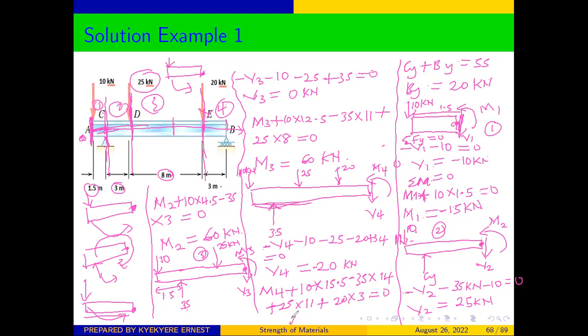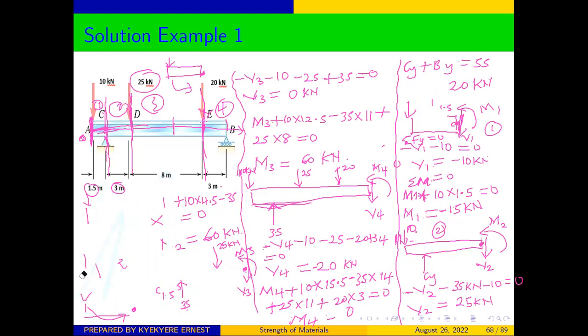And from there, when you do the math, the moment M4 should be equal to 0. And once you have been able to get all our shear force and all the bending moment in all the individual parts, we can now draw our shear force and bending moment diagram.